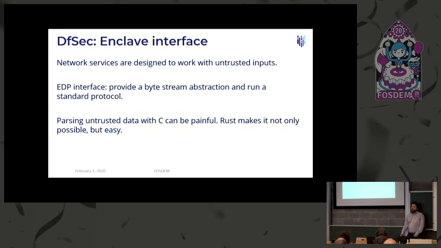You can run gRPC or HTTP or anything like that. And you might think that a reason for not running a full protocol like that is that parsing is hard, and in an enclave we don't want to deal with parsing issues. But if you're using anything but C, parsing is actually easy. So that's not a reason not to use it.